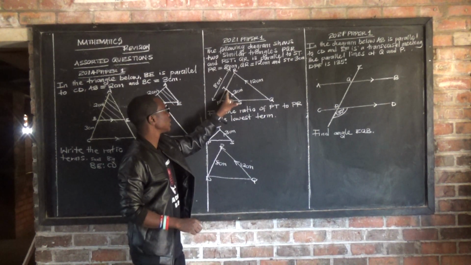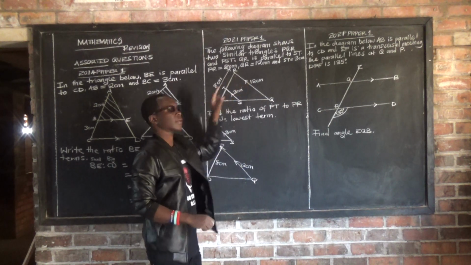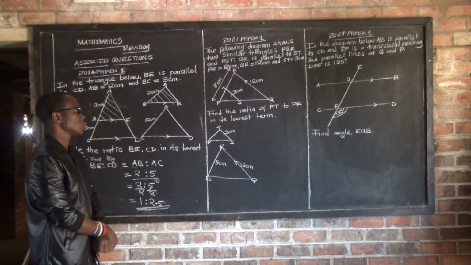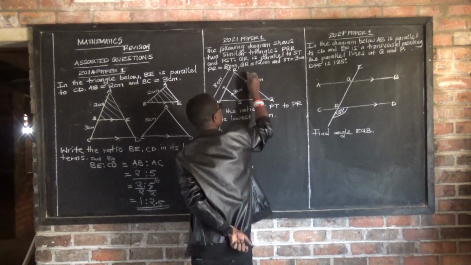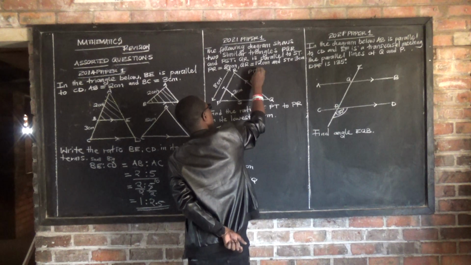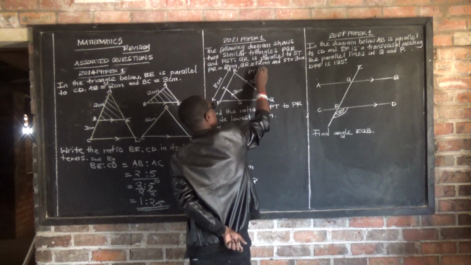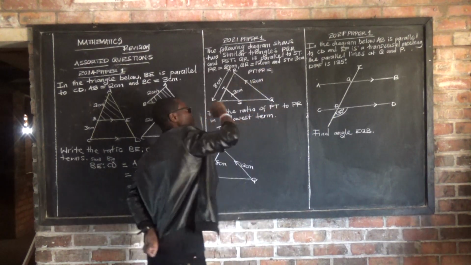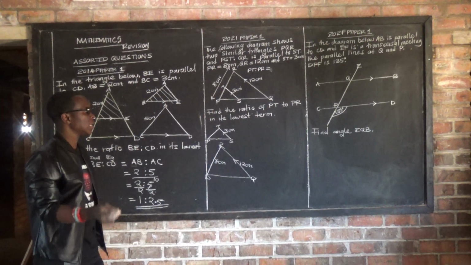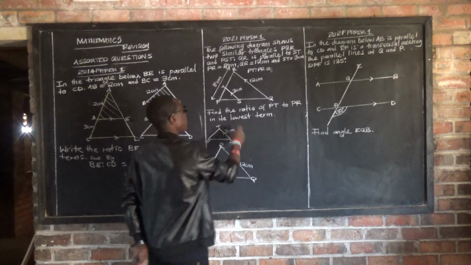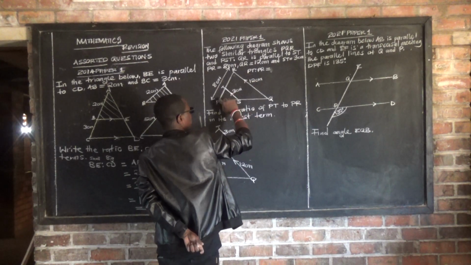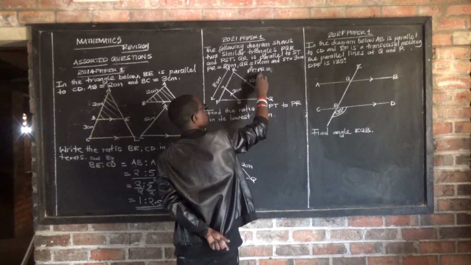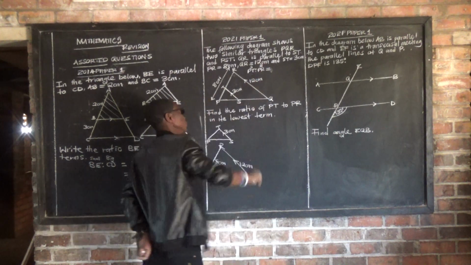PT to what? PR. So since we want PT to PR, you know that the ratios of corresponding sides are equal. PT is from the small triangle, and PR from the big one.